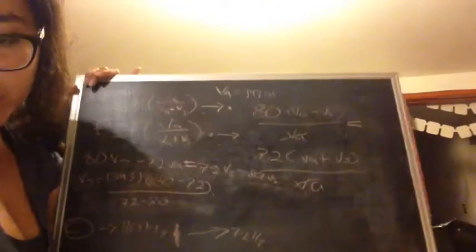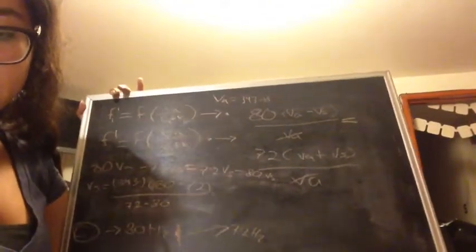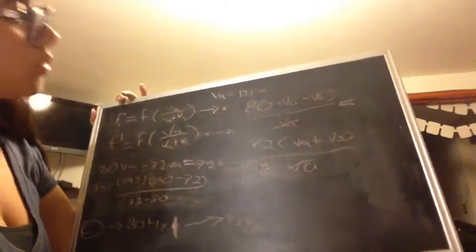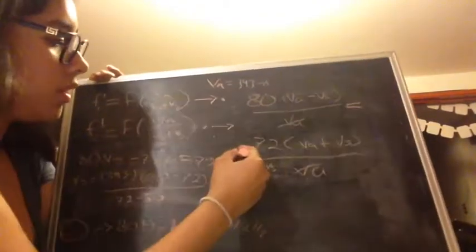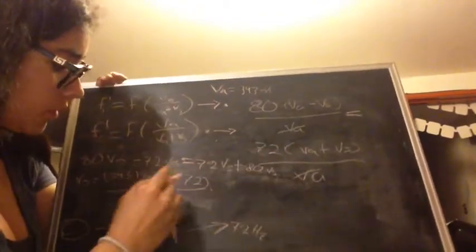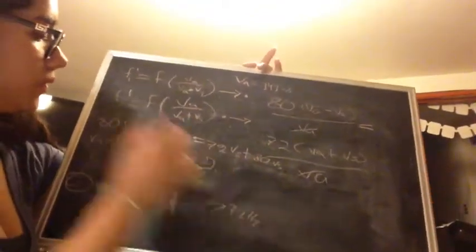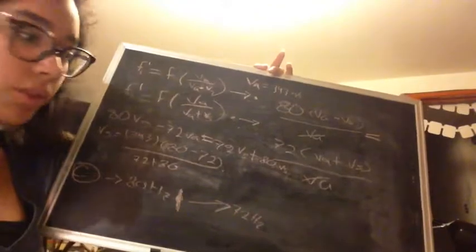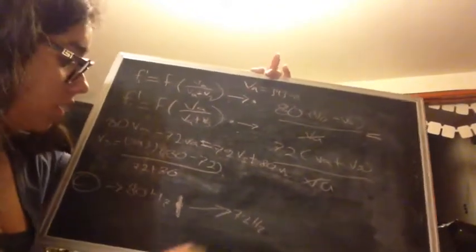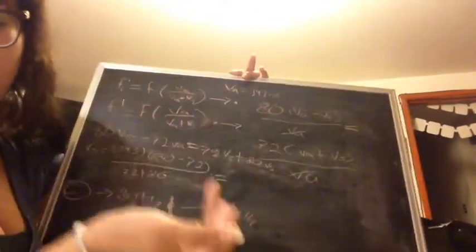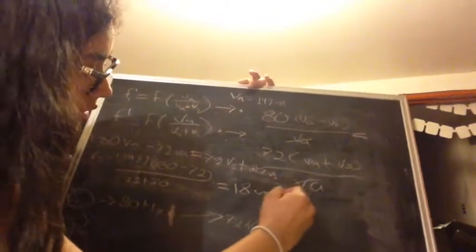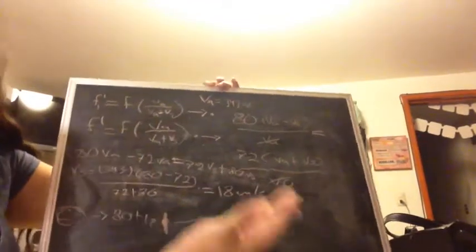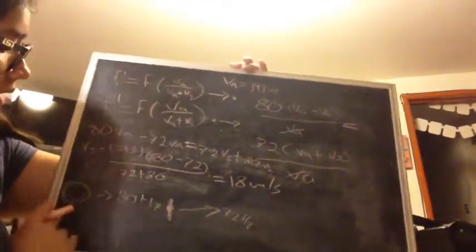Oh, but as this is negative, I forgot that. The negative goes as positive, so they sum: it's 80 plus 72. Sorry, yeah, that's right. So we redo that, and this is something like 80 meters per second. Basically, that's all you have for problem C.